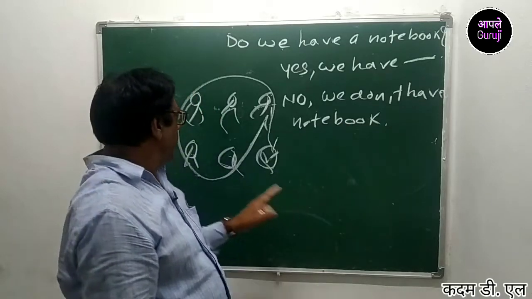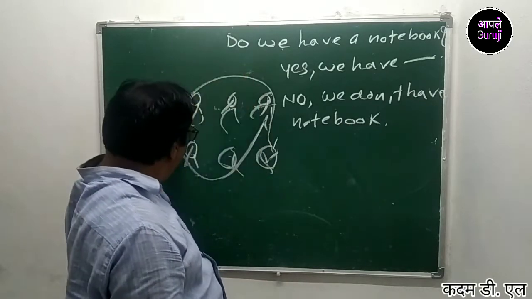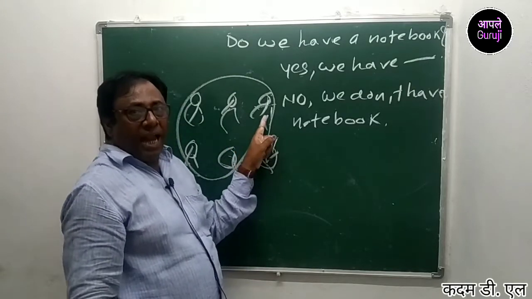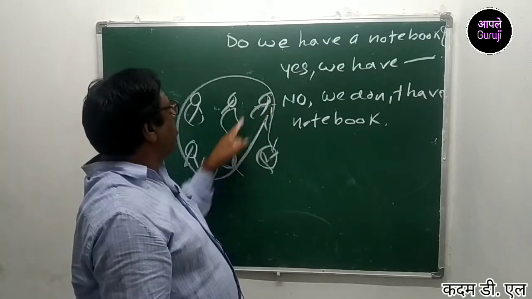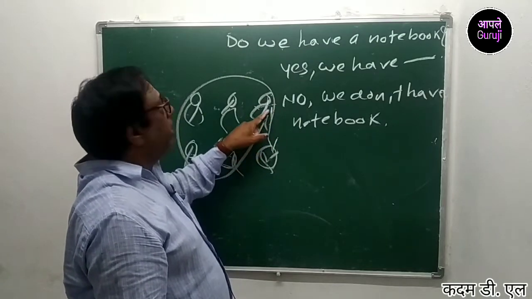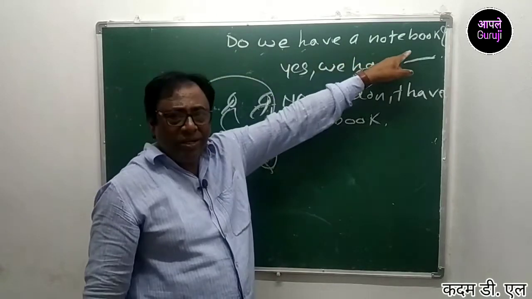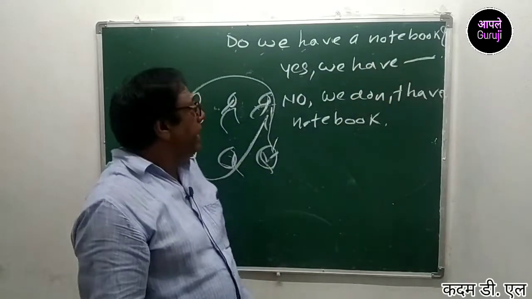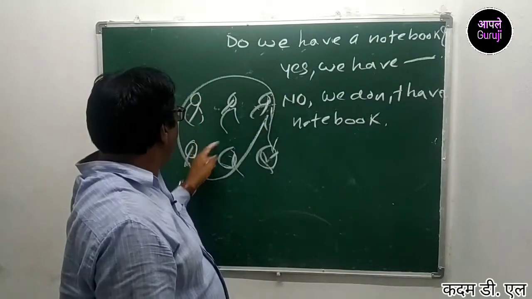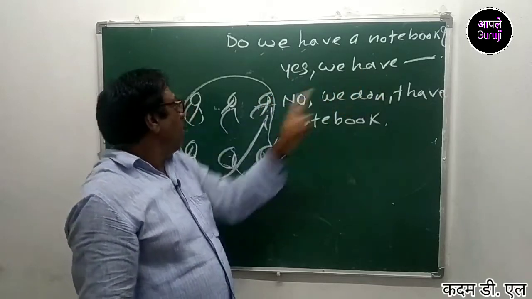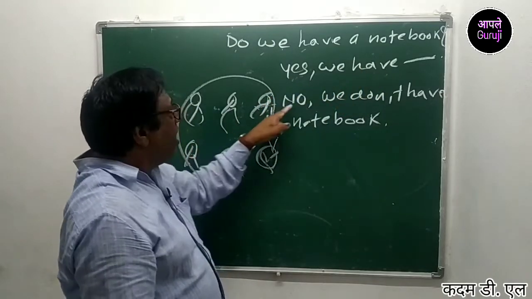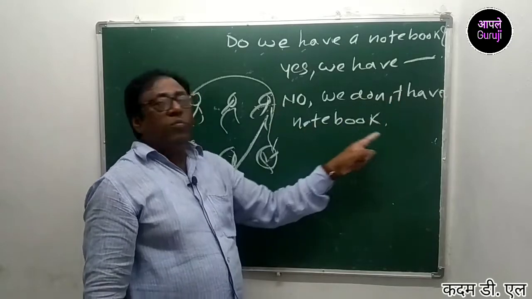In the class, one of the students will ask all the students, do we have a notebook? One of them will say, yes, we have notebook. One of them will say, no, we don't have notebook.